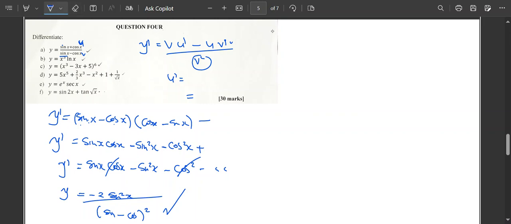So I'll pick this one, the d. So I'll say y is equal to 5x to the power 5, then plus, I just want to rearrange this equation. So this one is already okay, so that will be 2 over 3 x to the power 3. All right, then here it is minus x to the power 2, then plus 1, then plus this one.